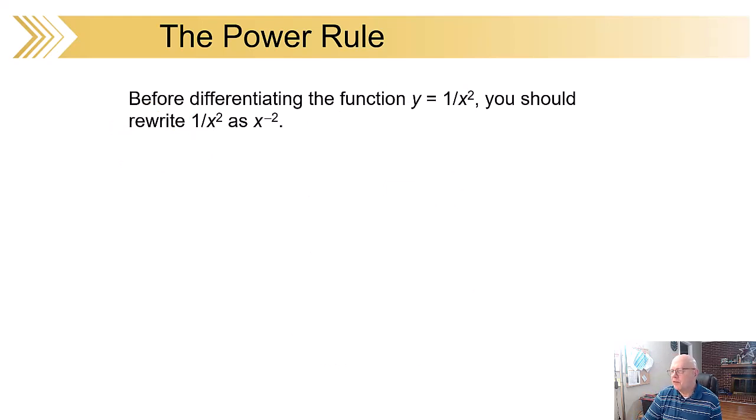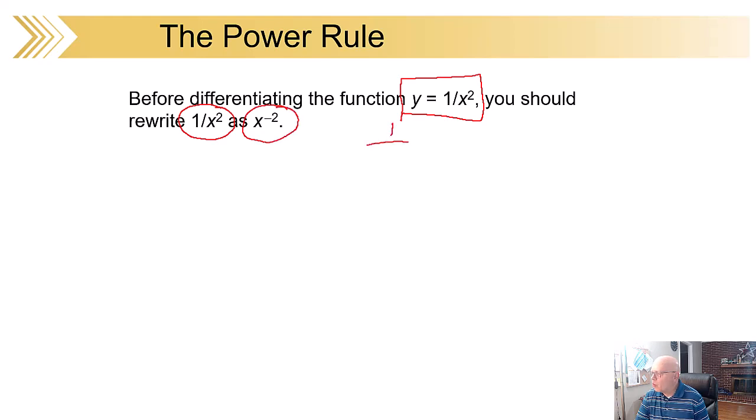Now, if you've got that down, and you want to spend a bit of time on that, maybe make an index card or two, here's a wrinkle that could cause you a problem. However, if you change the look of this, make 1 over x to the second as x to the negative 2.